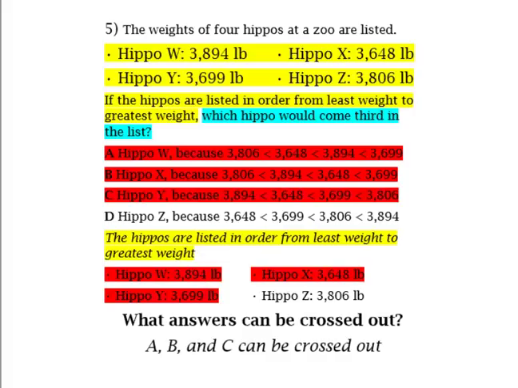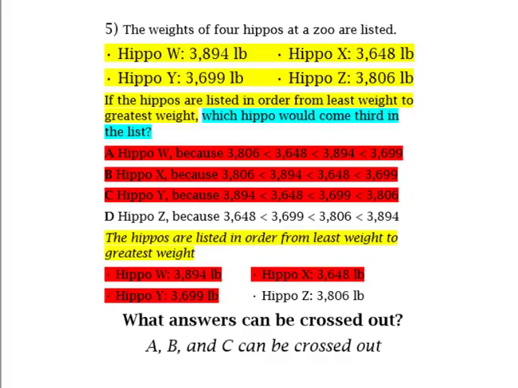Okay, let's take a look to see why we're able to cross those out. So for Hippo W, for the weight being 3,894, well, that's incorrect, because what we said before is that this is the greatest weight.